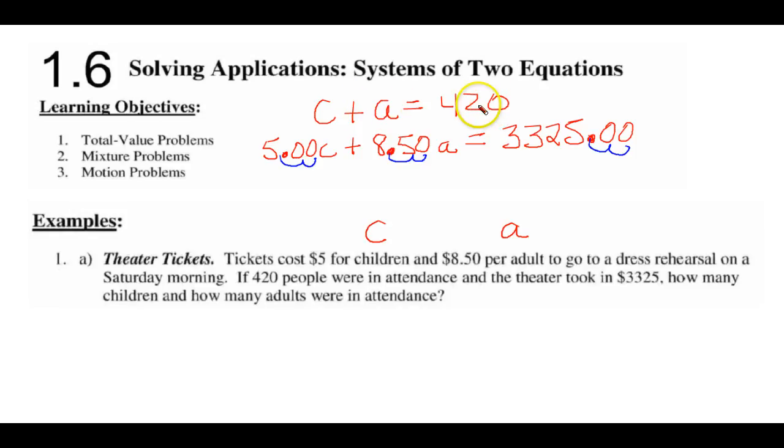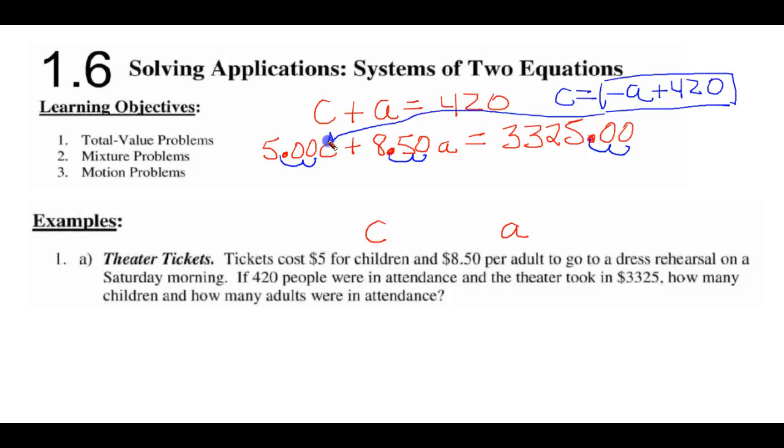Now, we could use substitution, in which we solve, let's say, for C. C will equal a negative A plus 420. Now we're going to take this value for C and put it where C is. So our next equation would be 500 times a negative A plus 420.